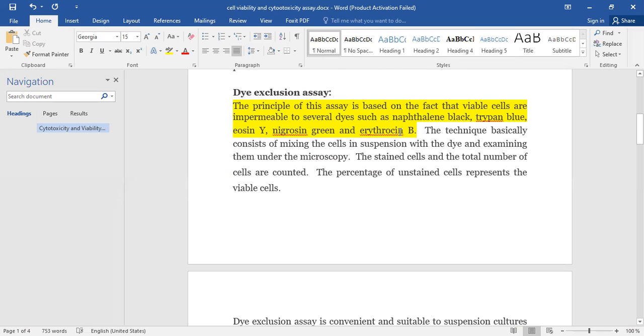But if they show color, it indicates the cells are not viable. So this exclusion assay is used for the analysis of cells which are not surviving, because viable cells will not be permeable to these dyes. Only non-surviving cells take up these dyes.